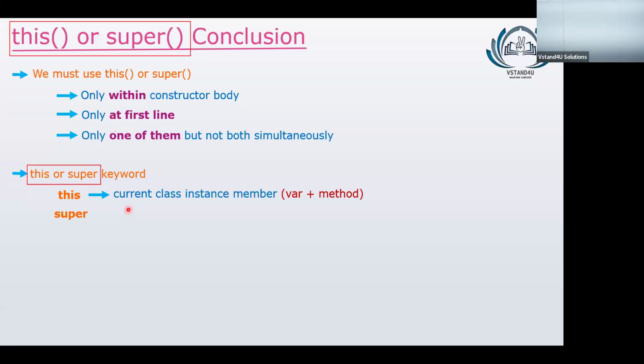This is the keyword to access the current class instance members. Similarly, super is for the parent class. If you want to access the instance variable or instance method of the parent class, use the super keyword. Agree?